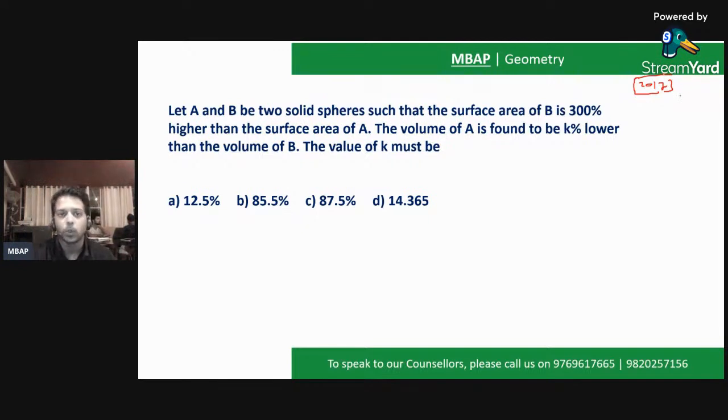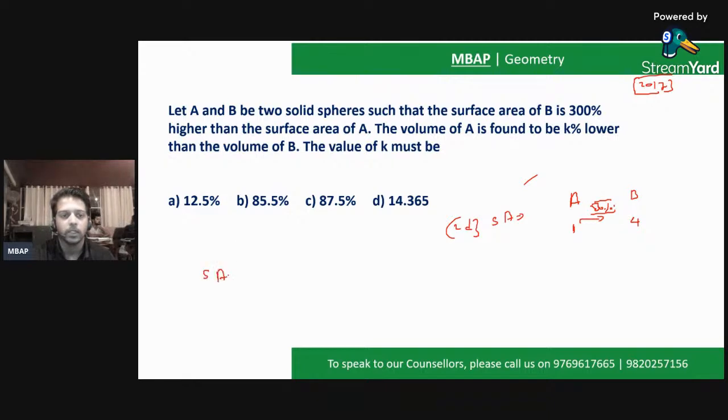Clear? So they have given you the ratio of surface area, which is basically a two-dimensional unit. Let's consider A and B. If I say the area of A is 1, the area of B would be 300 percentage more than that of A. 300 percentage more will make the value of B to be 4.